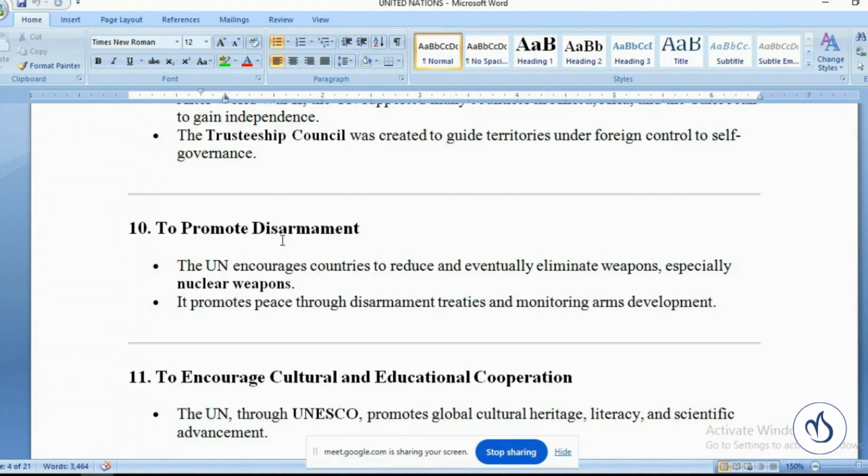They used to make those states not manufacture weapons and not own dangerous weapons. That's what we call disarmament.